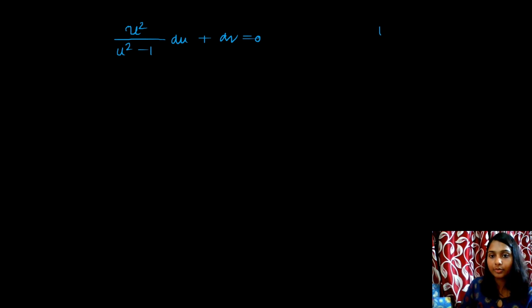Let me write it again. So we have u square minus 1 du plus dv equals to 0, where u is root over 1 plus x square and v is root over 1 plus y square.